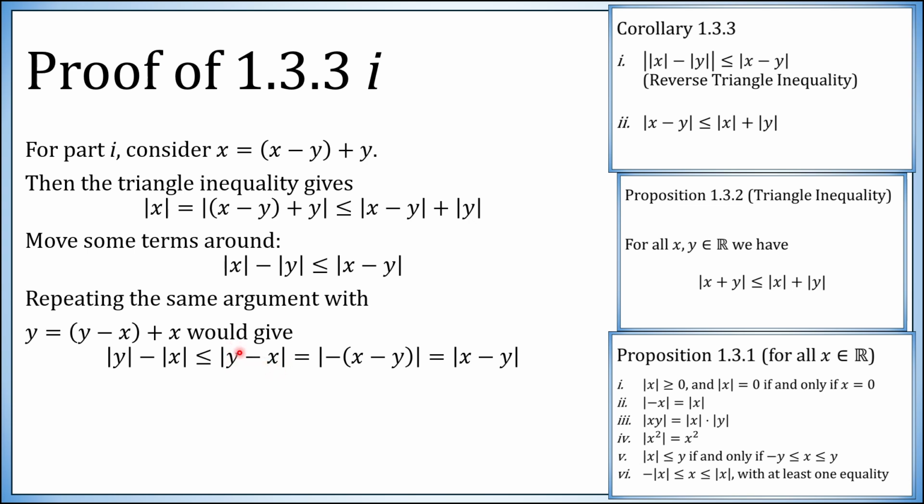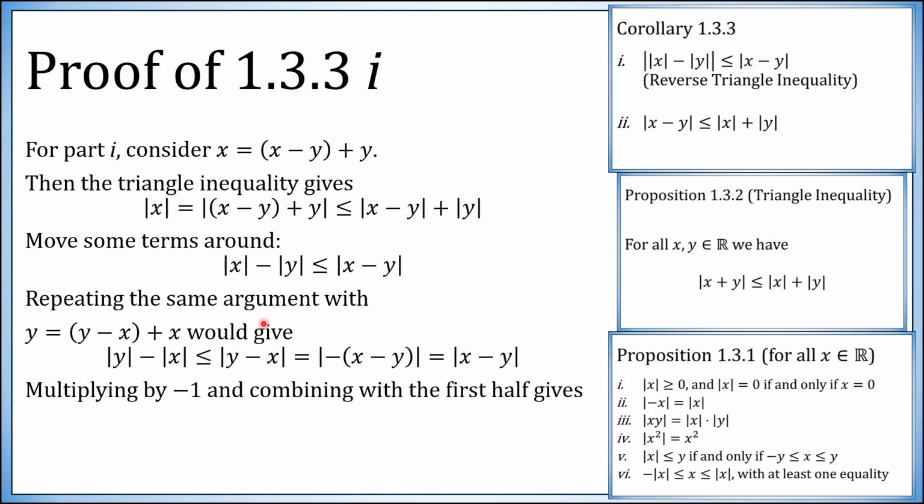But by simple algebra, y minus x is negative 1 times x minus y. And from part 2 of proposition 1.3.1, I can ignore that minus sign. So the absolute value of minus x minus y is the same thing as the absolute value of x minus y.